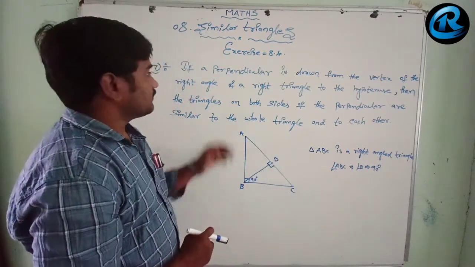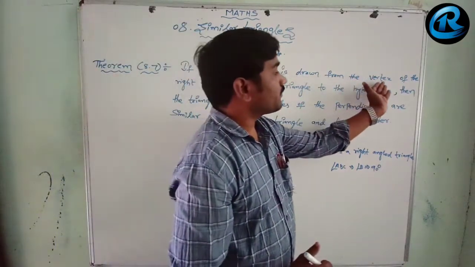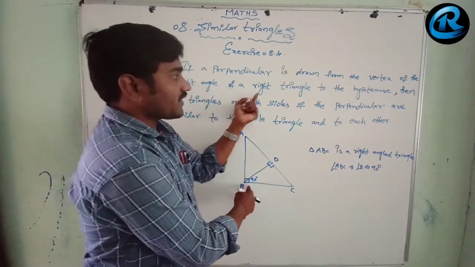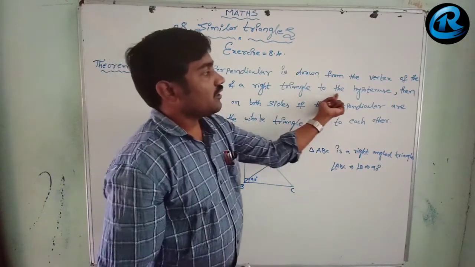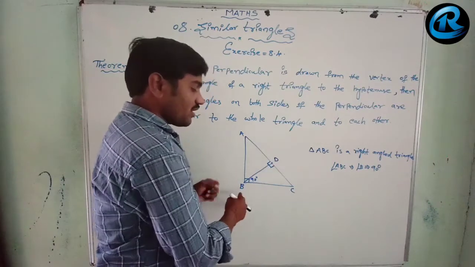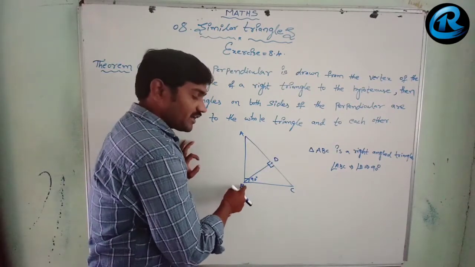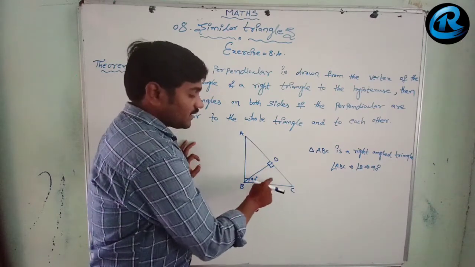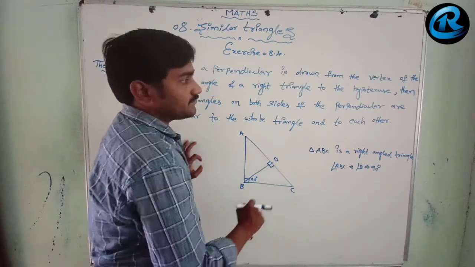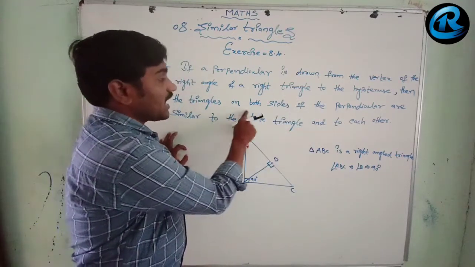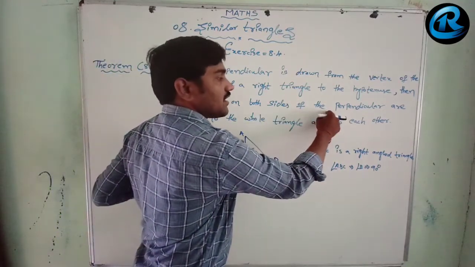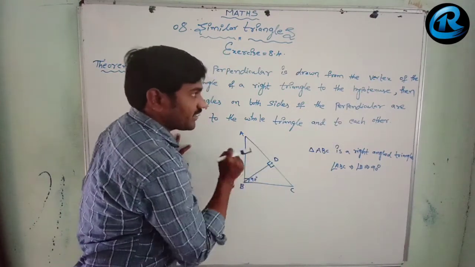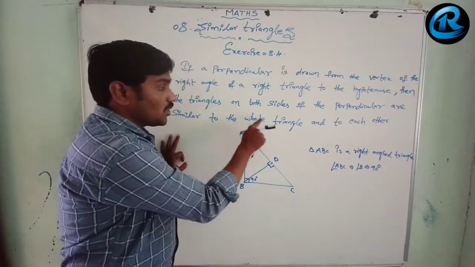So what is it telling? If a perpendicular is drawn from the vertex of the right angle of a right triangle to the hypotenuse, then the triangles on both sides of this perpendicular are similar to the whole triangle.